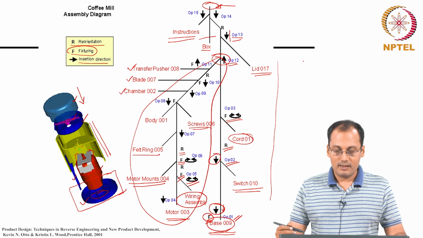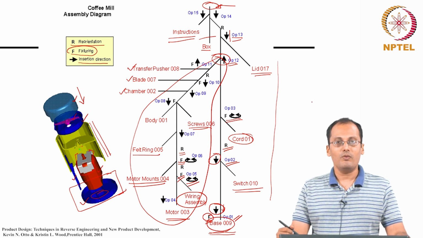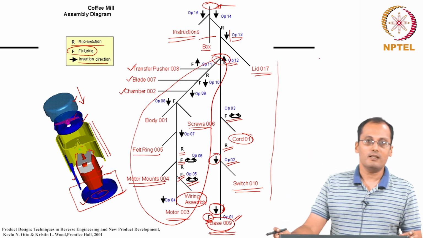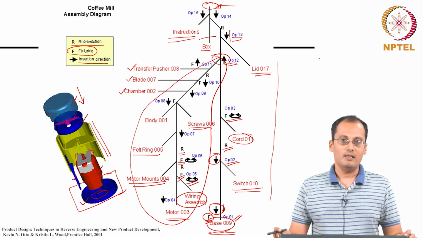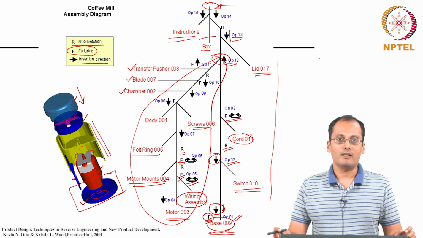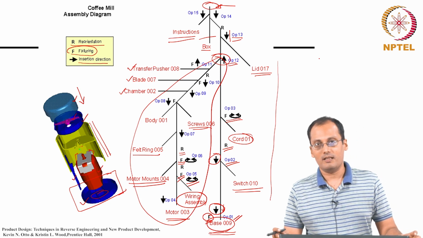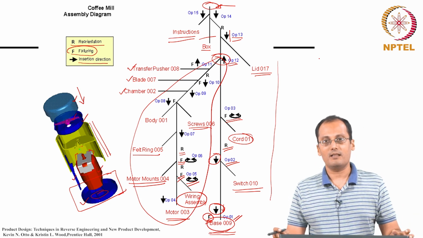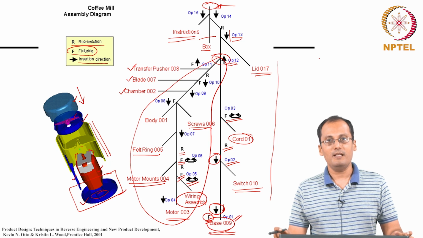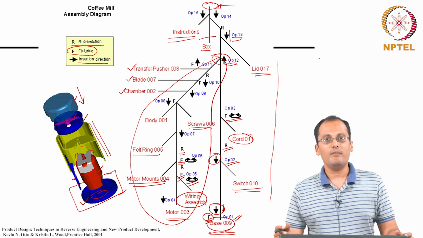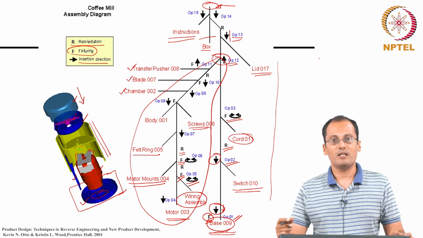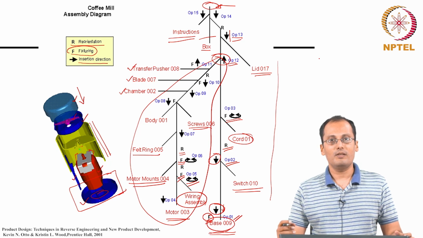So, this is just an example to illustrate how the various attributes associated with each assembly operation, particularly the requirement for fixturing, whether there is a reorientation or change in orientation in between the assembly, and the predominant motion pertaining to the assembly operation, are captured.